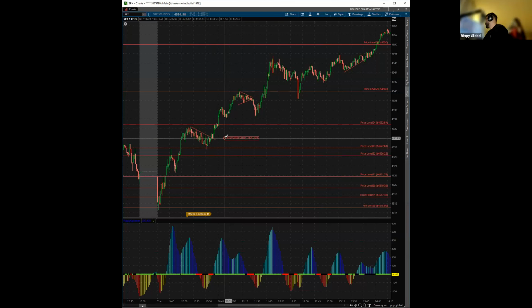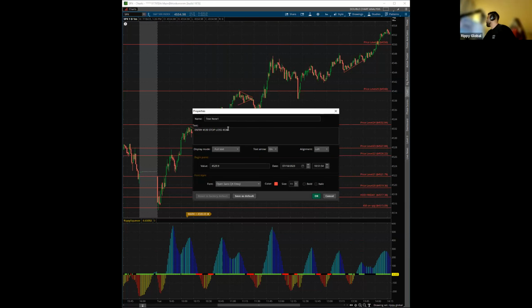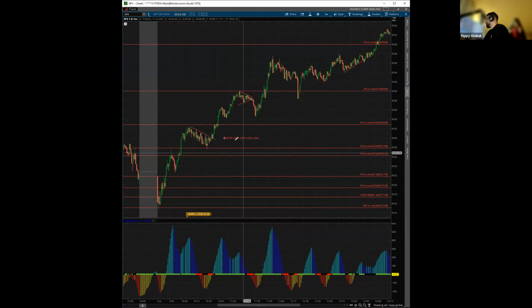My entry is 45.30. My stop loss is 45.26. So the bulk of the risk right here, if I enter here and the risk is here, I'm risking $4. Can anybody tell me, with me risking $4, where should I at least look to take profit?